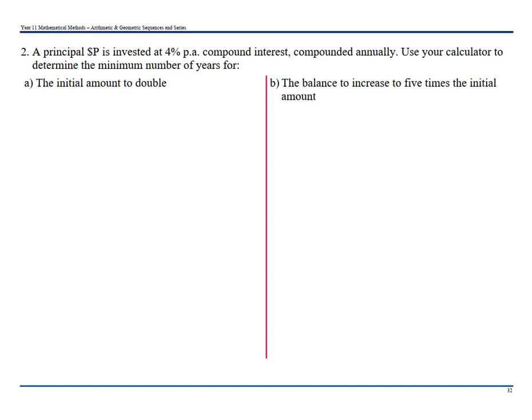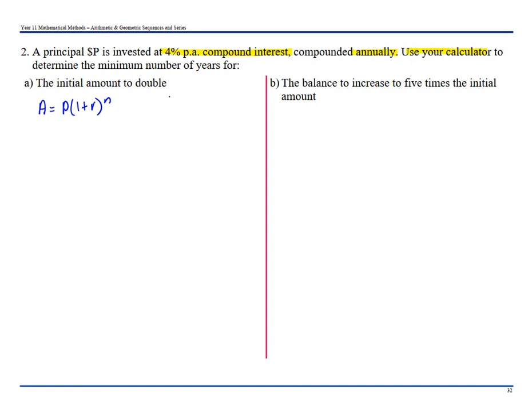Another example, a principal P dollars is invested at 4% per annum compound interest, compounded annually. Use your calculator to determine the minimum number of years for the initial amount to double. So I've got A equals P(1 plus R) to the power of n.